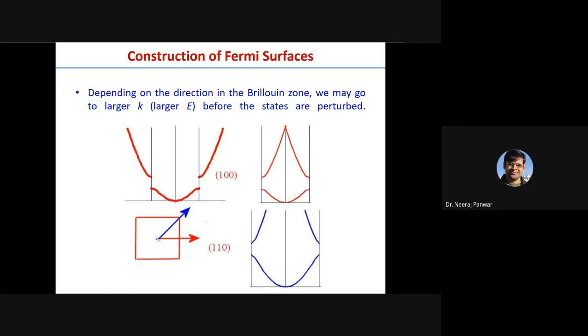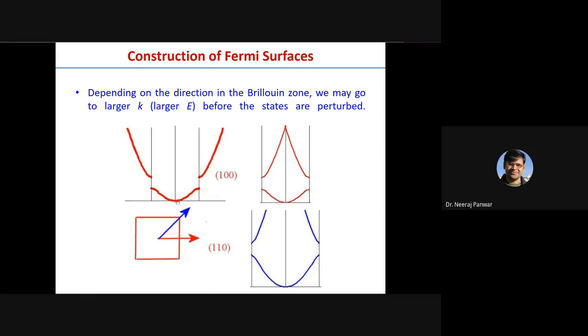But if we are going along the 110 direction, this blue line, along the diagonal of this square lattice, then we can go to a larger value of k before the gap exists.